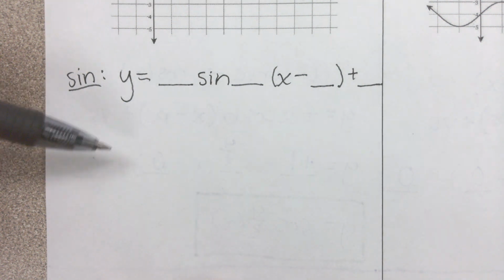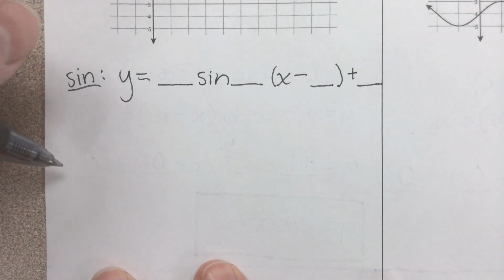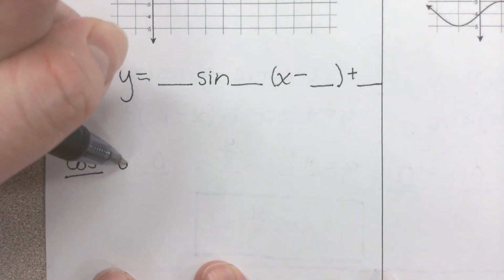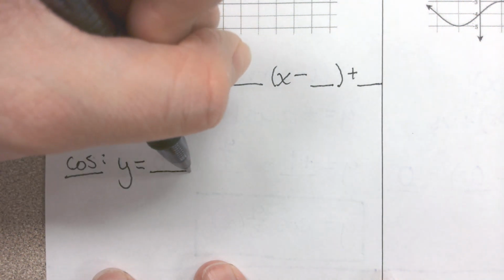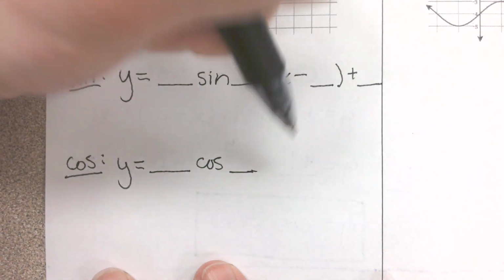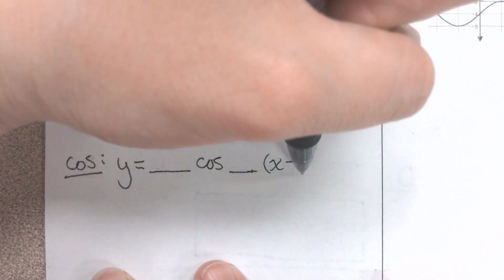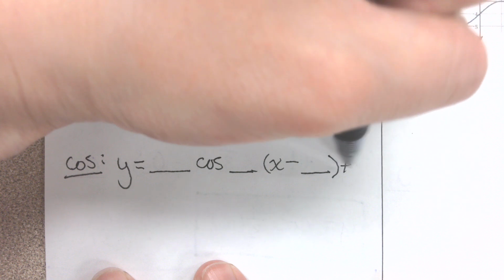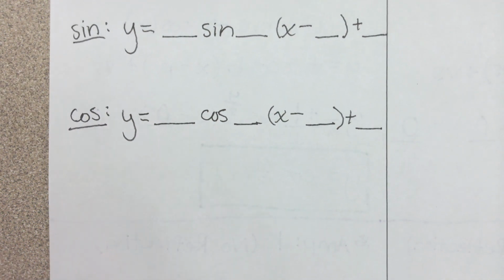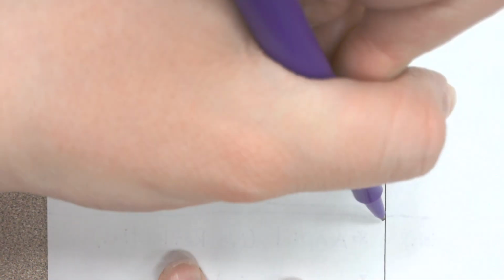I'm going to leave some space for the final version of the equation, and then I'll do the same thing for cosine. Y equals, we'll find A, cosine of b, x minus whatever the phase shift is, plus whatever the vertical shift is. And then some space for work below.